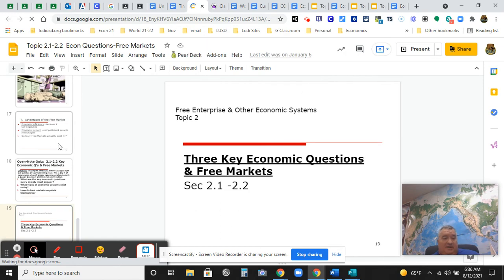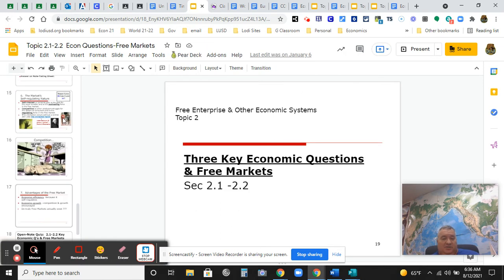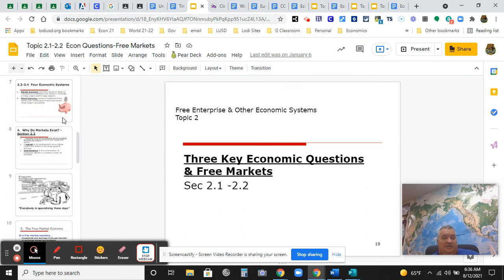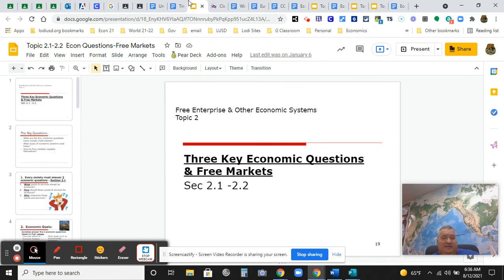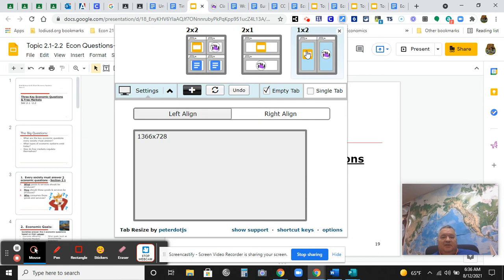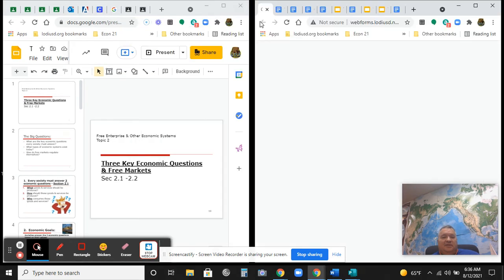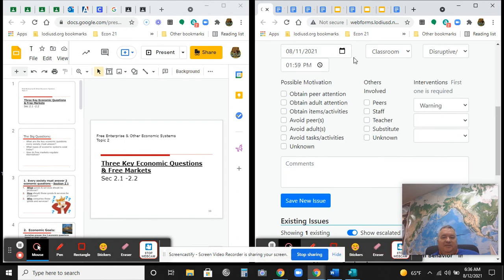I haven't really created an audio file, so I'm just going to give you the lecture and complete the notes at the same time. Here's what I would choose to do. I would go ahead and use tab resize here, because I'm going to want my note-taking spaces and my visual spaces to be pretty much dead on even.